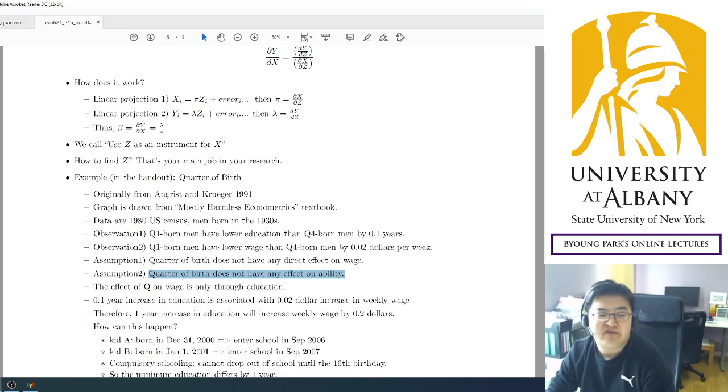I'm not so sure that kind of thing exists. Actually, I'm working on that topic, and there is some kind of seasonality pattern, but it's hard to imagine why quarter of birth affects ability.